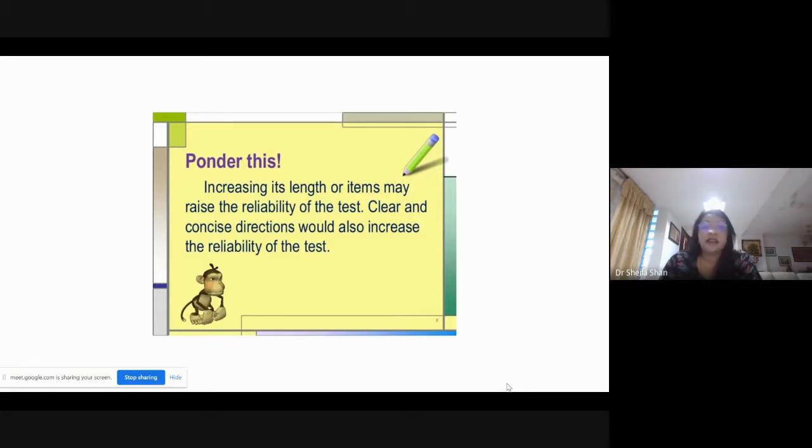So increasing the length of items may raise the reliability of the test. So if we have more questions, the reliability is high. So you don't give very few questions, 3 or 4 questions on performance. So it might not really be reliable.